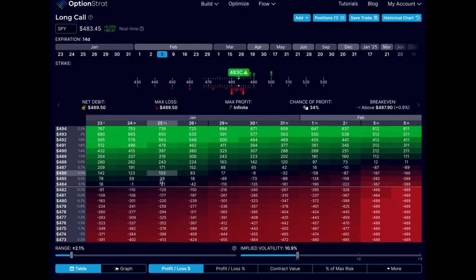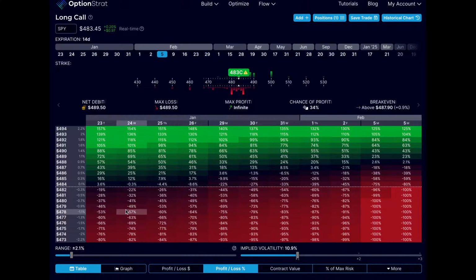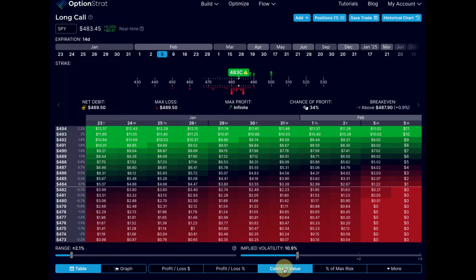And this particular model is showing me profit and loss, dollar-wise, but I can also look at profit and loss percent. So now the table's showing me the exact same thing, but in percent mode. Then I can also look at contract value. I can see that my contract, I'm going to spend roughly $500 for this, and this is what's going to happen to the price of the contract over time if the market stays at 484.